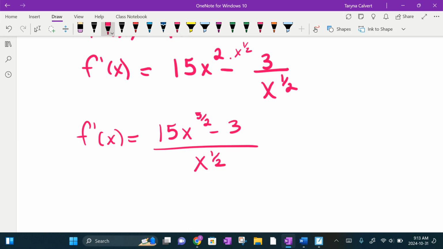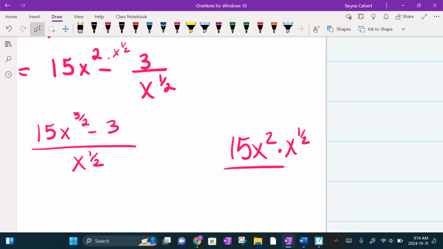I'm going to let that sit for a second, if you guys agree with me. Because do you guys agree that if I have to get a common denominator, I have to multiply the top by x to the half?